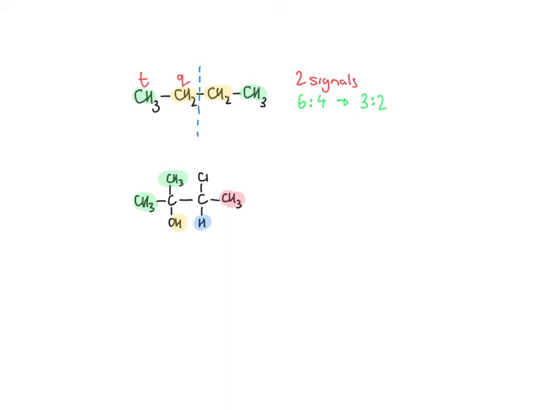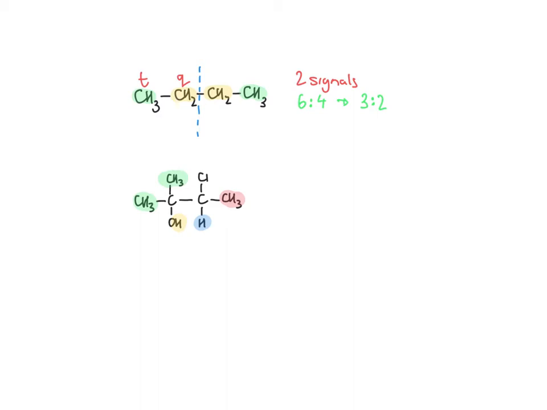Thinking about why those methyl groups are the same, I could have drawn it slightly differently, and I think it would have been more obvious if I'd swapped this methyl group for this OH, so I'd move the OH to being here. It would have been exactly the same molecule. I think you would have seen more clearly that there was a line of symmetry through the center of the molecule.